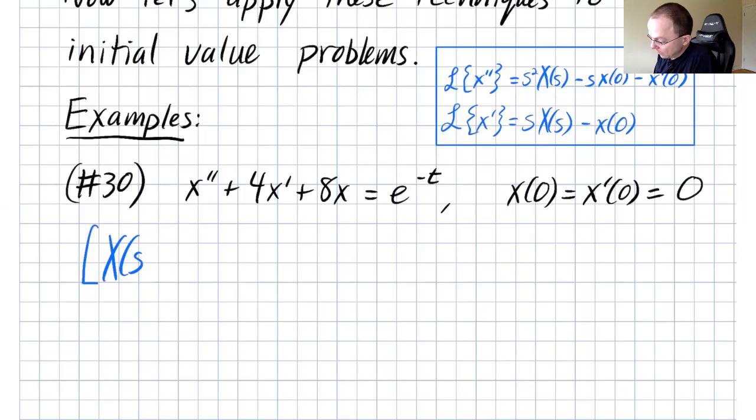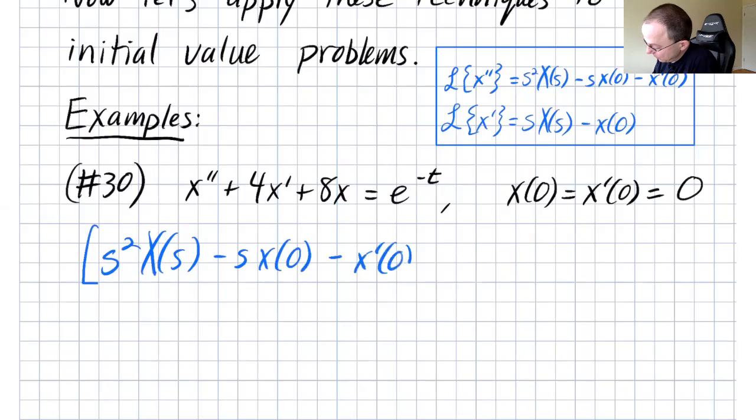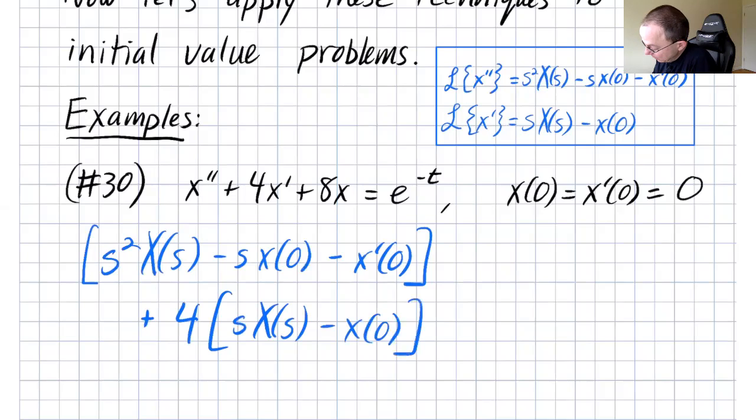All right. So this will be s squared x of s minus s x of 0 minus x prime of 0, plus 4 times s x of s minus x of 0, plus 8 x of s.